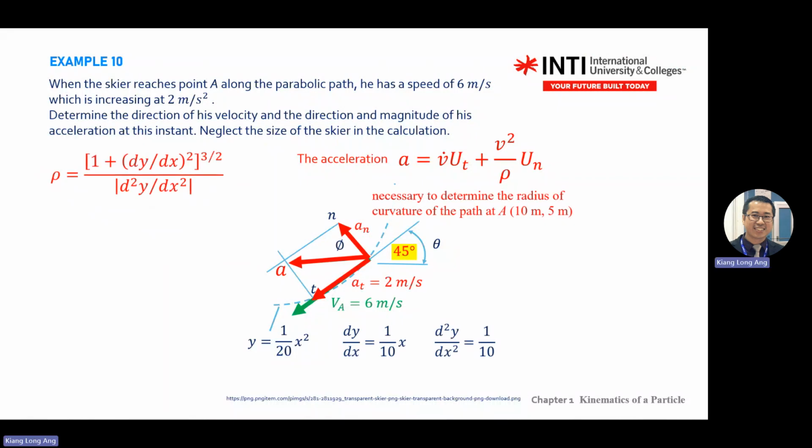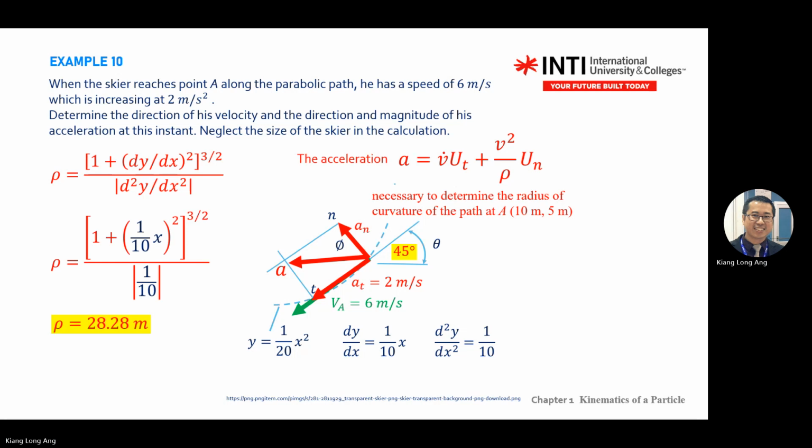Recall the equation. You do the time differential, the dy dx equation, then do it a second time. Substitute inside here, press the calculator, and you get the rho. Once you get the rho, substitute inside here.